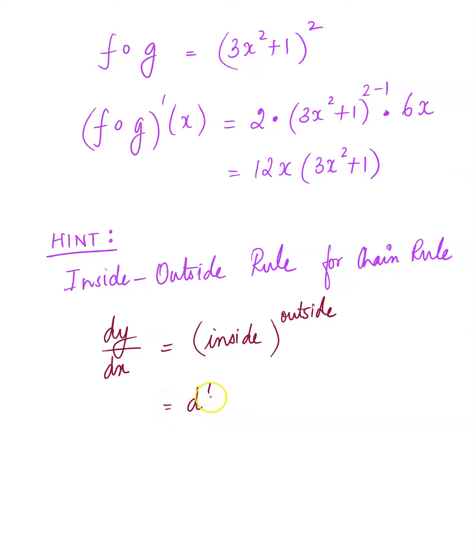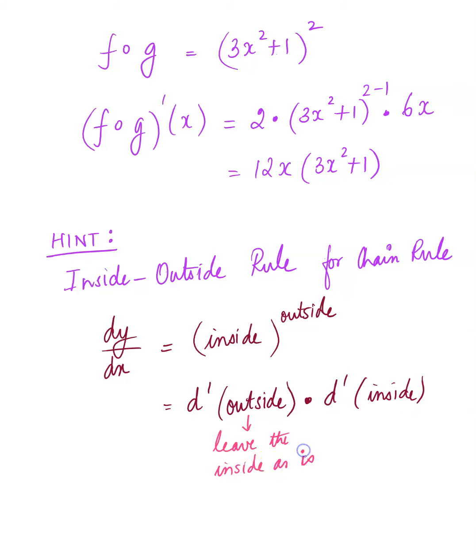So I'm showing you the derivative of the outside happens first, times the derivative of the inside. When you take the derivative of the outside, take note to leave the inside as is, because you're not touching the inside. Don't touch, so leave it alone, okay? And then you'll only focus on the outside, which is what I just illustrated.